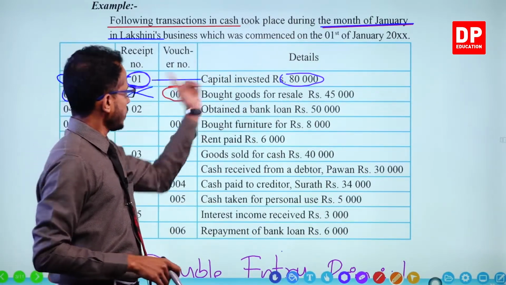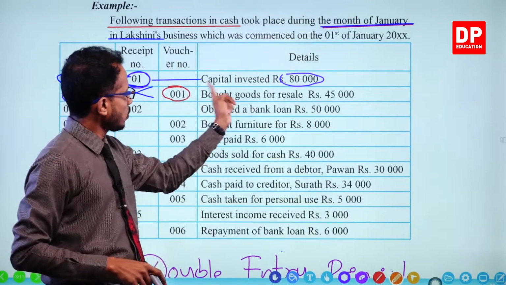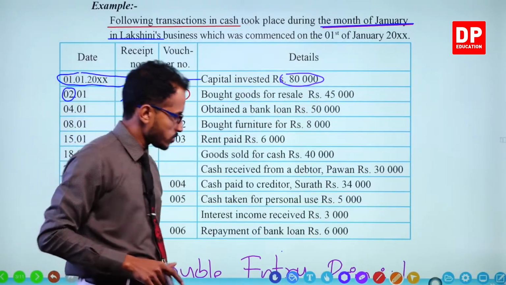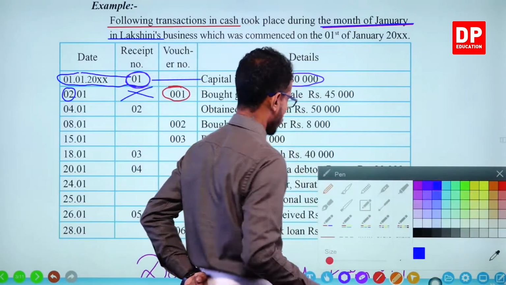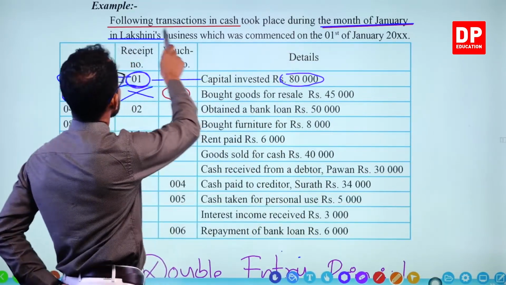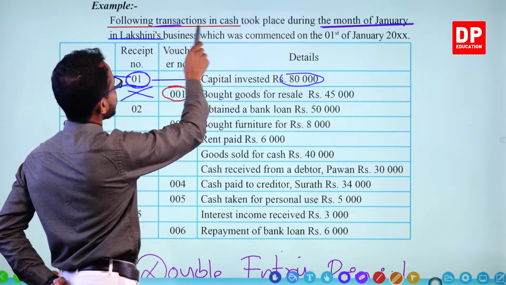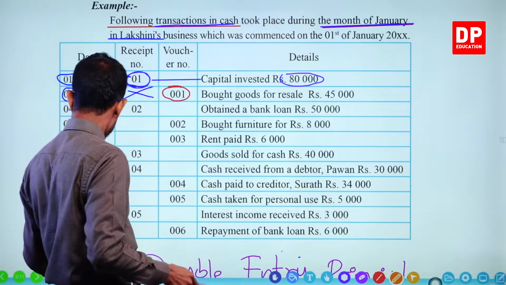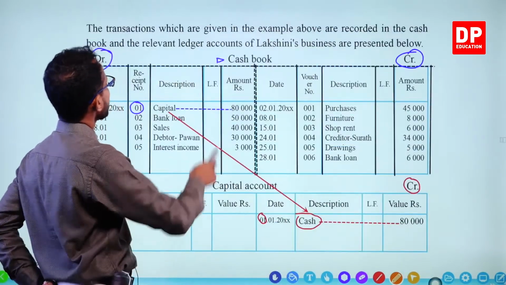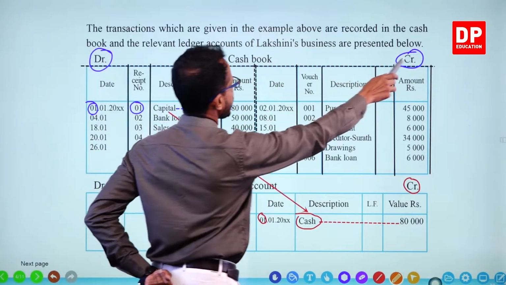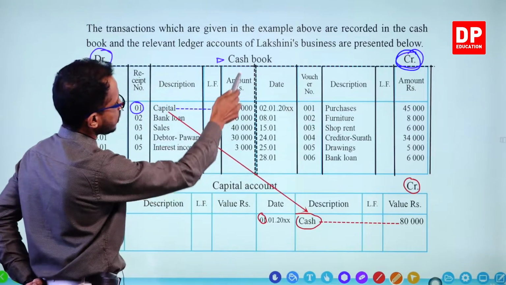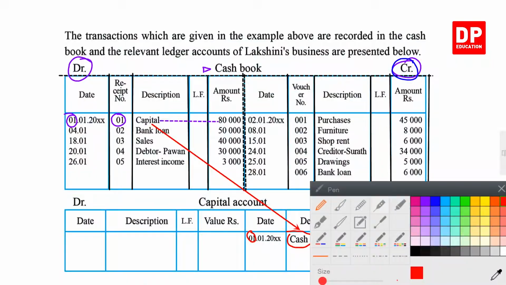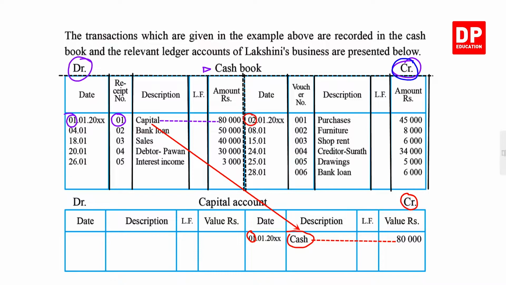It says really clearly here, bought goods for resale 45,000, and it is a cash transaction. See, all the transactions are in cash. Cash going out, which means the cash book should be credited. Let's find that entry, cash book. Here you go. 2nd January.